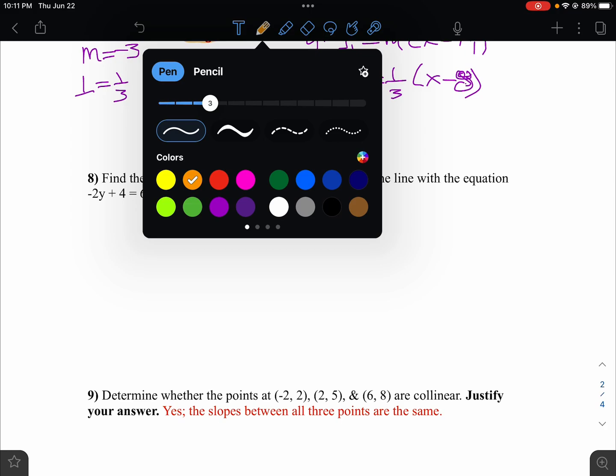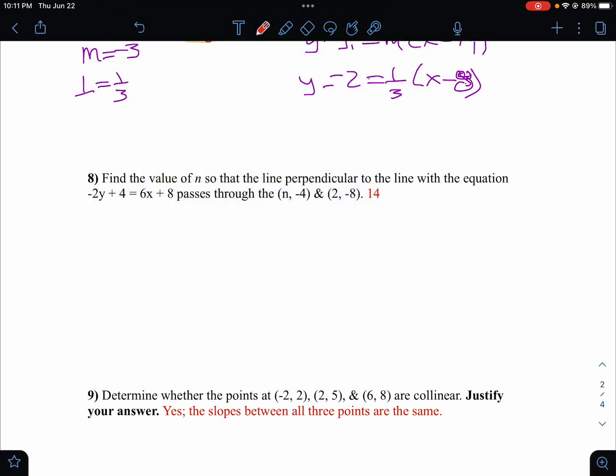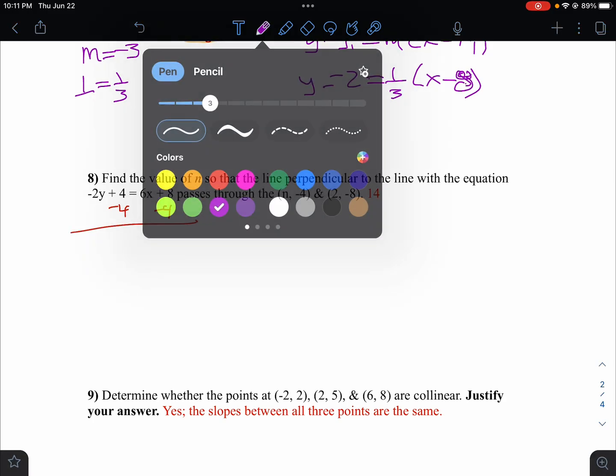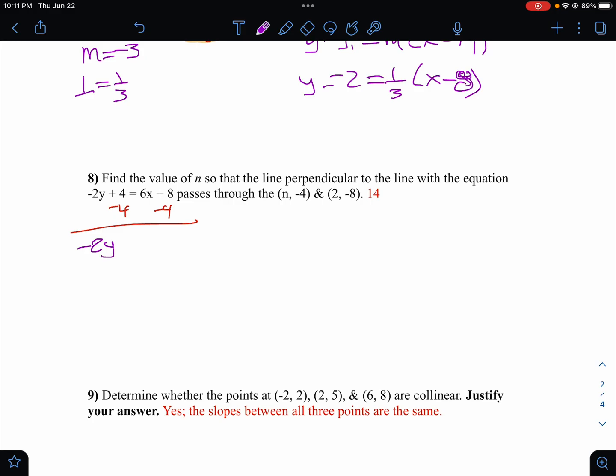I don't know if you really need to subtract 4 here, but I just think it's easier. Let's subtract 4. Then we'll get negative 2y equals 6x minus 4. I'll divide everything by negative 2. So my new equation is y equals negative 3x minus 2.